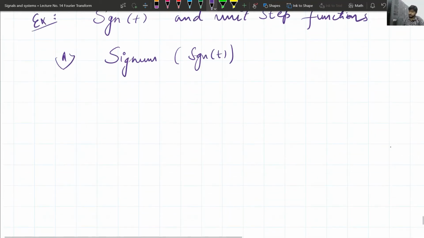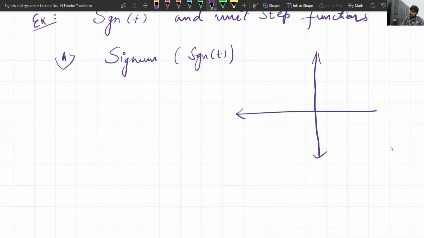If we draw this signal, it's plus 1, it's minus 1.